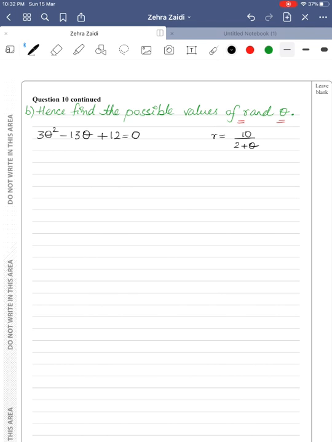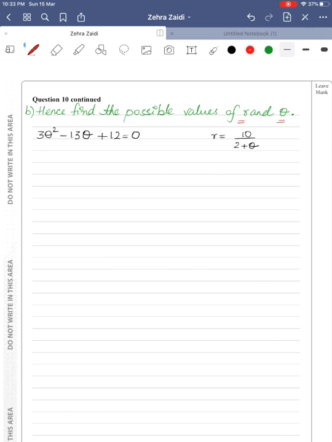Part b: hence find the possible values of r and theta. From part a of the question we have 3 theta squared minus 13 theta plus 12 is equal to 0. First let's solve this to find the values of theta. This is a quadratic equation which can be solved by the product and sum method.